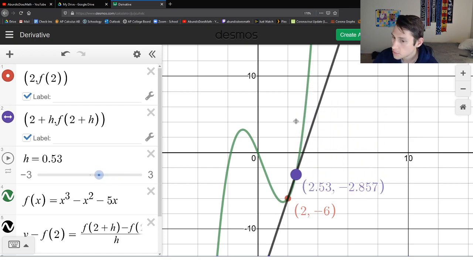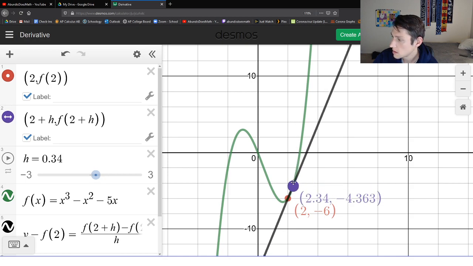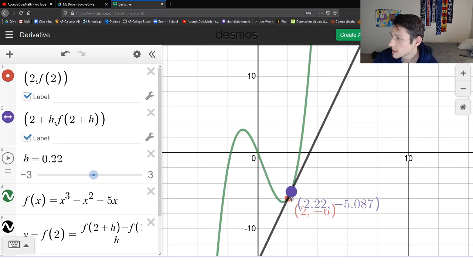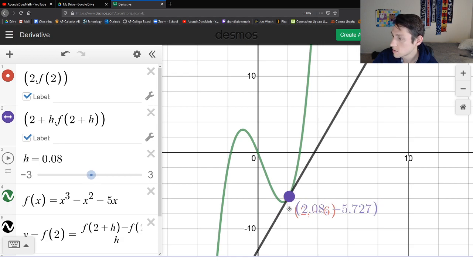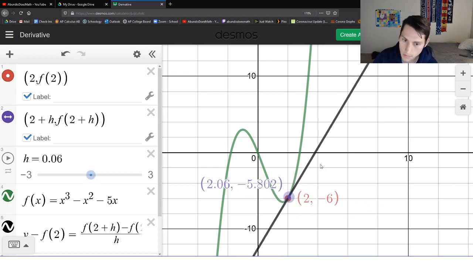But as these two points get infinitely close together, this no longer becomes a secant line, it becomes what is called a tangent line. A tangent line is just a line that skims and hits just one point. So as those two points get infinitely close to one another, there's no longer two points. I just think of it as one point.